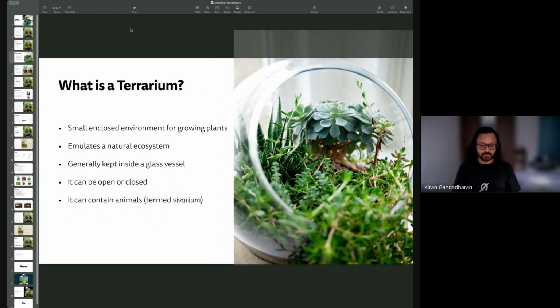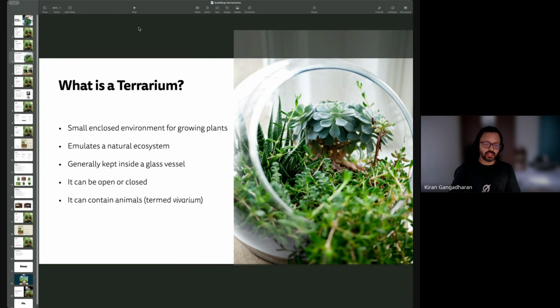So essentially, a terrarium is just a small enclosure usually made of glass for growing plants, although you can keep animals, but that's actually termed a vivarium, and that's a different thing altogether. Animals meaning mostly reptiles, insects, etc. The idea behind having a terrarium is to emulate the natural ecosystem in a closed environment.